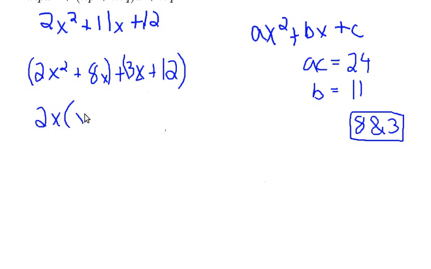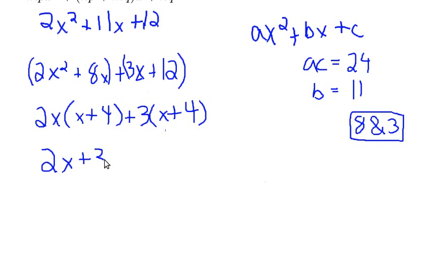So we're going to have x plus 4 left over. We can factor a 3 out of the other two terms, so we'll have x plus 4 left over. Now we have an x plus 4 common to both terms. So we can say that this is equal to 2x plus 3 times x plus 4.